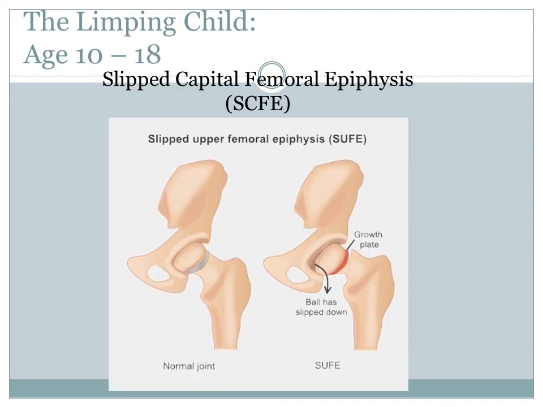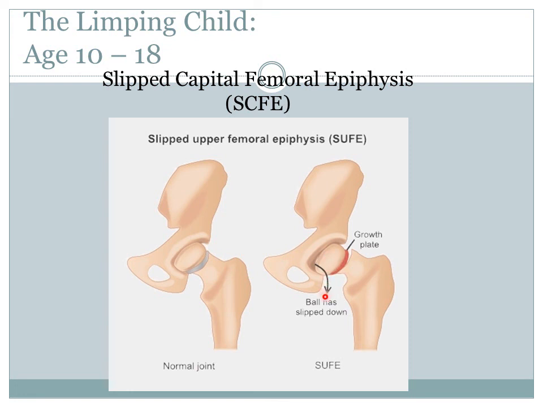In the age group from 10 to 18 years, one of the most important etiologies of the child to limp in this age group is to have a slipped capital femoral epiphysis. What we mean by slipped capital femoral epiphysis is that the femoral epiphysis will move downwards. This is the normal side. This side is the affected side.